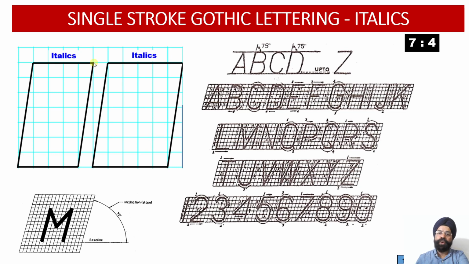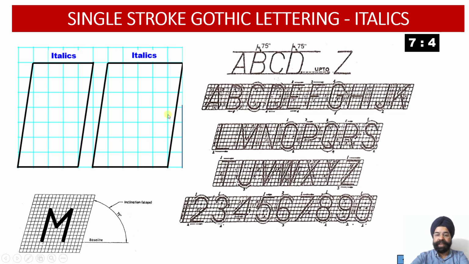So same way over here, whenever we want to write down any alphabet in the italics, the base will be where it was while you were writing the vertical Gothic lettering strokes. But the top portion of the alphabet will be moving ahead by one block, so that we can get an angle of 75 degree towards the right hand side. Otherwise the construction method will remain same.